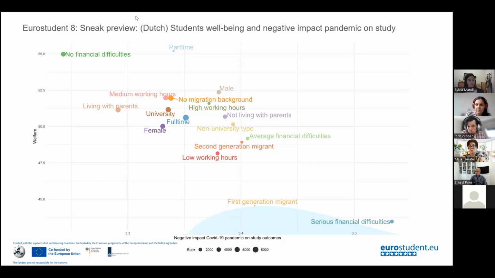For other factors, there seem to be fewer differences, but also a migration background. We can see that first generation and second generation migrants relatively report more negative outcomes of COVID-19, and also report that they are more unhappy.